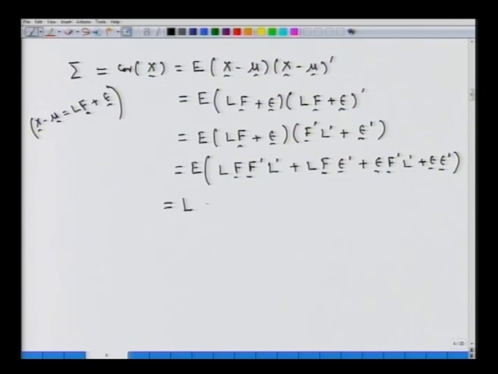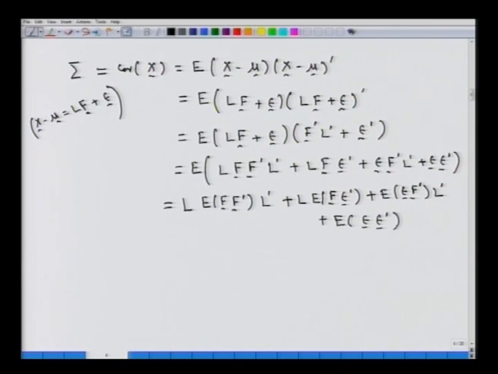This is the stochastic part here. So, what we have is L times the expectation of F F transpose times L transpose. A similar argument applied to the second, third and fourth terms leads to the following: the expectation of F epsilon transpose, plus the expectation of epsilon F transpose times L transpose, and the last term is the expectation of epsilon epsilon transpose.